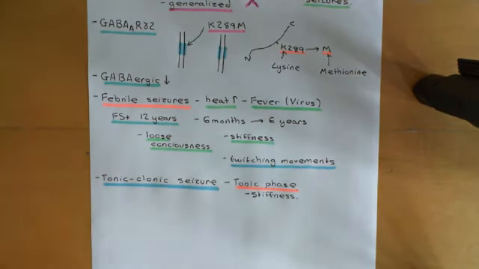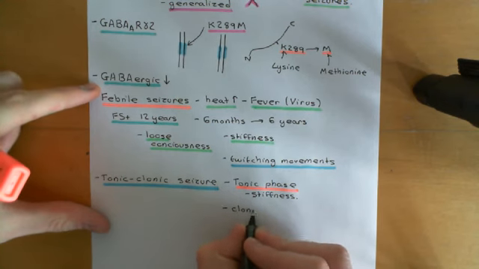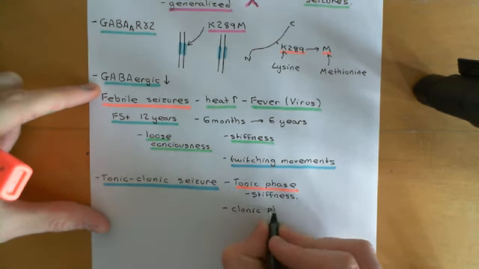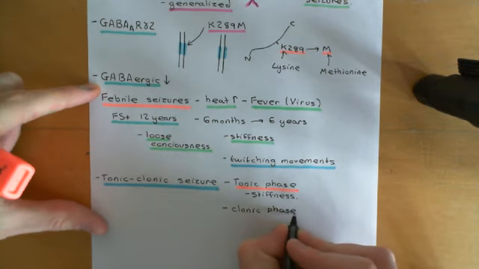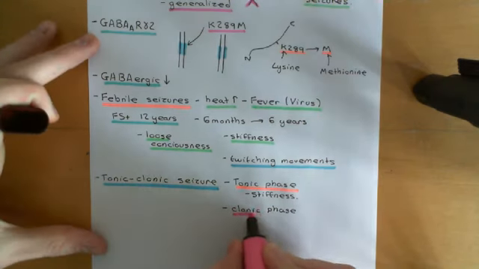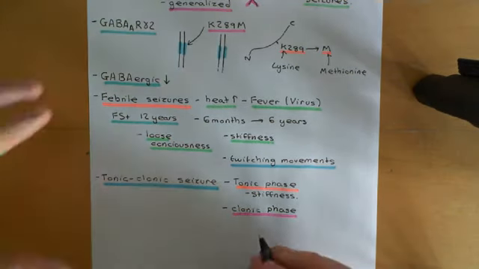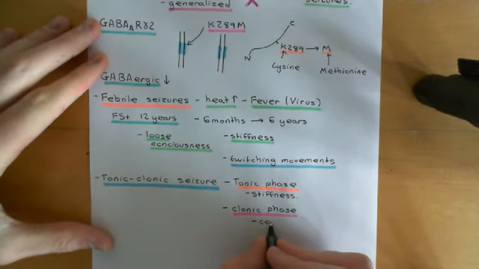Then begins the clonic phase of the seizure, and in the clonic phase you start having convulsions. Your muscles start relaxing and then contracting, relaxing, contracting, rhythmically. And this can end up very dramatic. You can end up with full flailing movements of the arms and limbs. So in the clonic phase you will then get the convulsions.